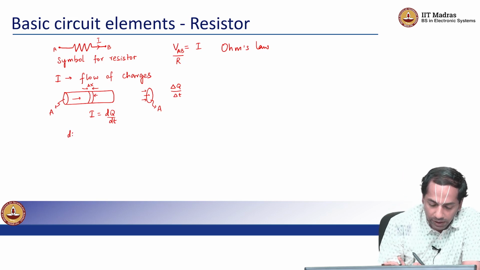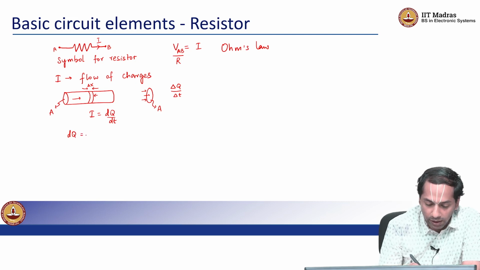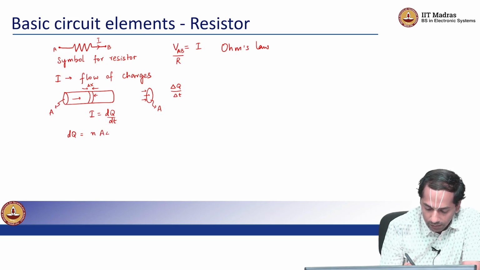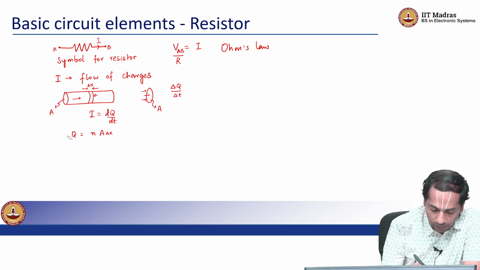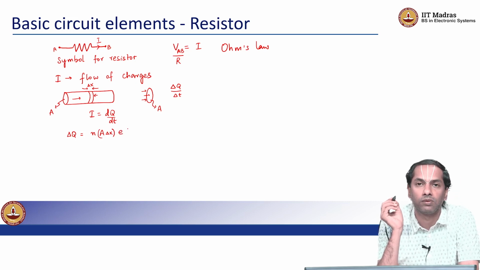So, the value dq is all the charges that are there, the free mobile charges in this volume. So, which is essentially n times A dx times the charge of one electron.